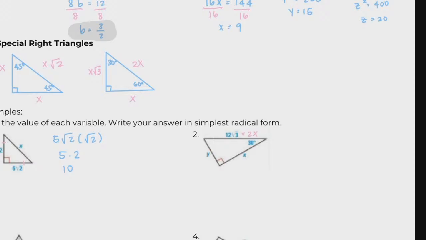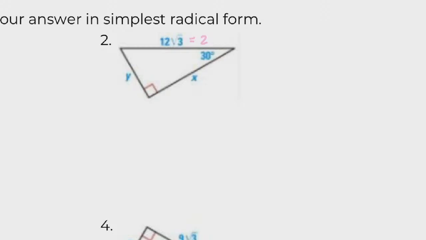Because in the 30, 60, 90 triangle, this should be 2y because y is the side across from 30. So that means we can find what y is. So that would be 2y = 12 rad 3. And then we're going to divide by 2. So we get y = 6 rad 3.